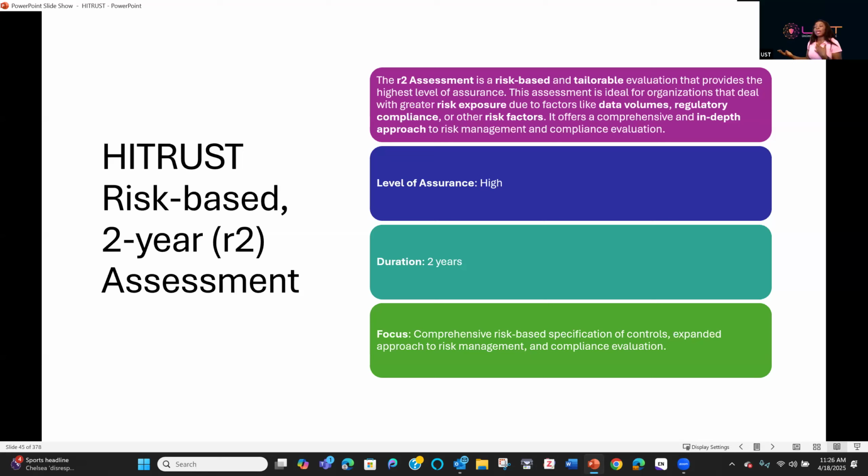That would say that they are actually adhering to these regulatory authorities, and in the course of doing so, they have all the necessary controls to better protect customer or patients' data. I would say the duration for this type of assessment is 2 years, and its focus is more comprehensive, risk-based, as we've said, specification of controls, expanded approach to risk management and compliance evaluation.